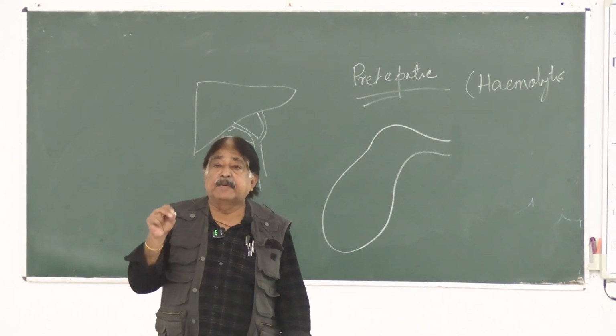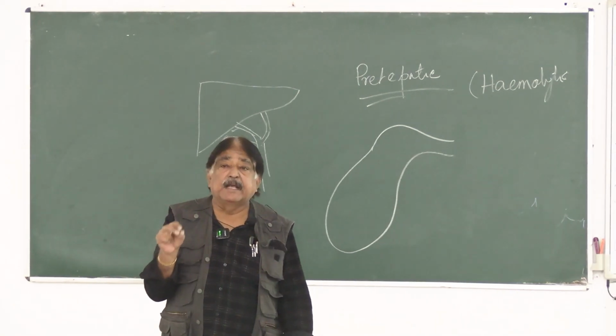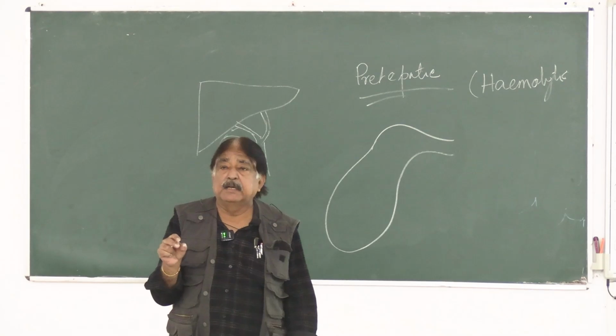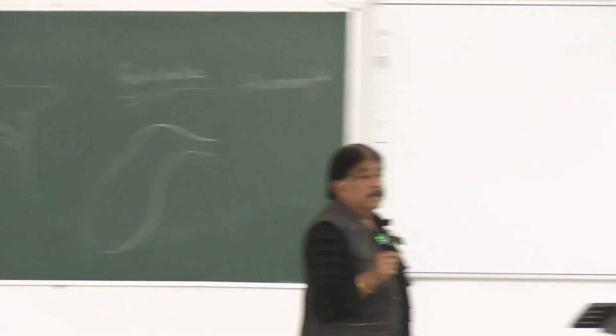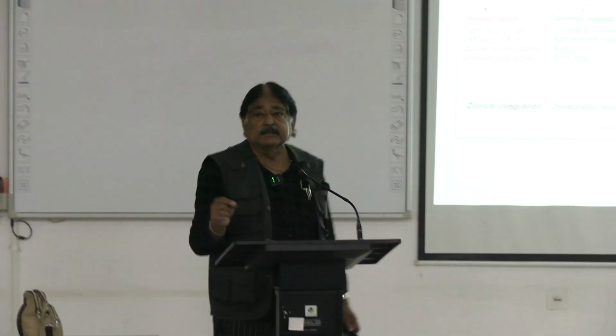There might be an impacted stone in the neck or Hartmann's pouch. And if this is infected, there is pus formed in the gallbladder, then it is known as empyema of the gallbladder.